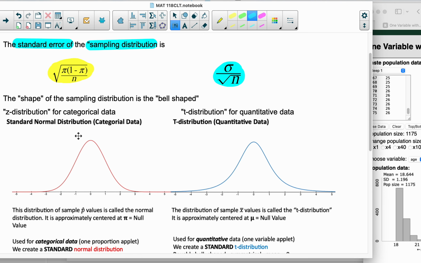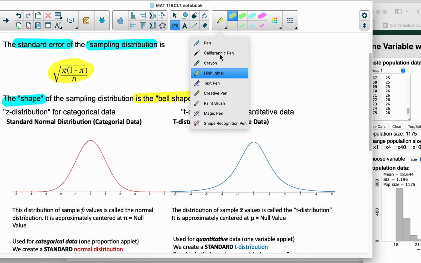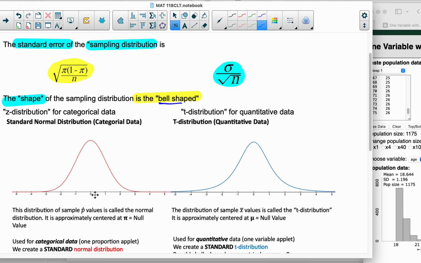And why is that? Well, the shape of both of these distributions, that's the third thing that comes out of the central limit theorem. The shape, if we take a large enough sample size, becomes bell-shaped, regardless if it's quantitative or categorical. The thing is that they're shaped just slightly different. Bell shape just means that we have a center.